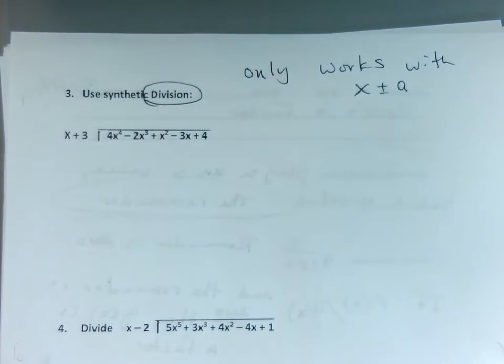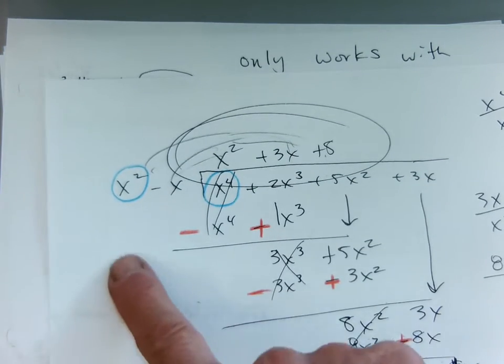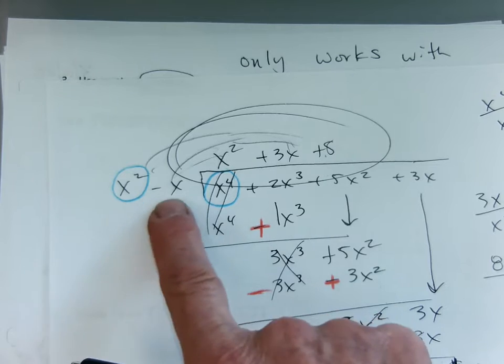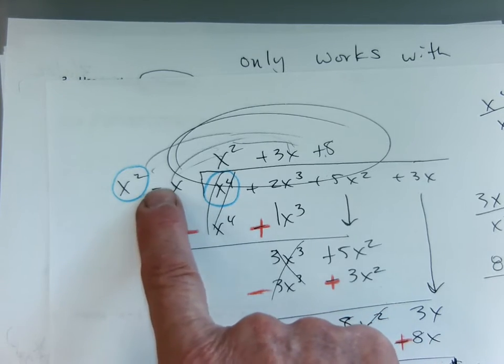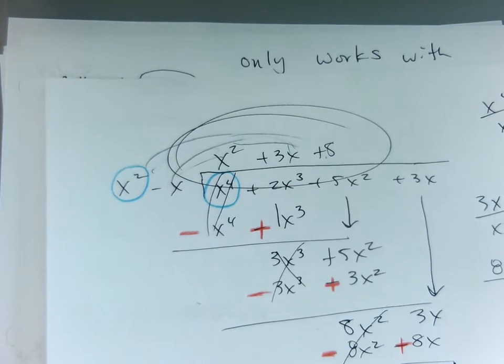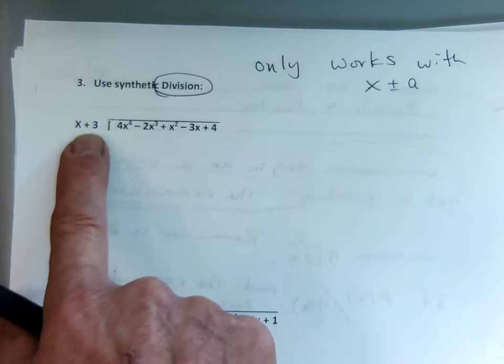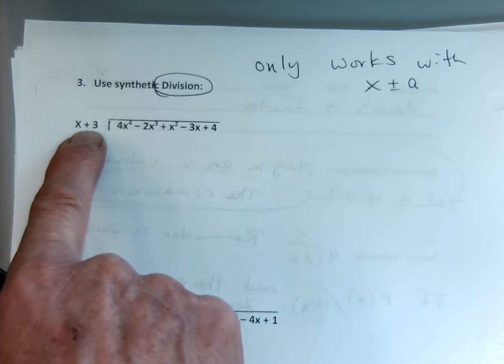We're not going to have to do this long, ugly division if it's just x plus or minus some number. Unfortunately, in this problem we have to do the long division. It only works on problems like this. So if it's x plus 3, synthetic division will work.